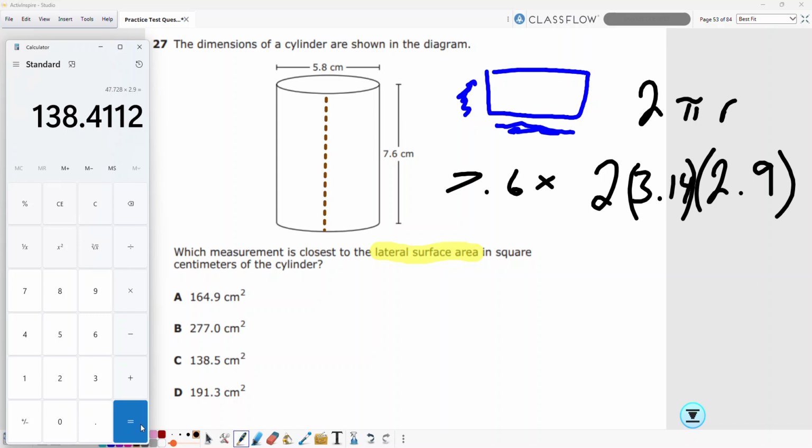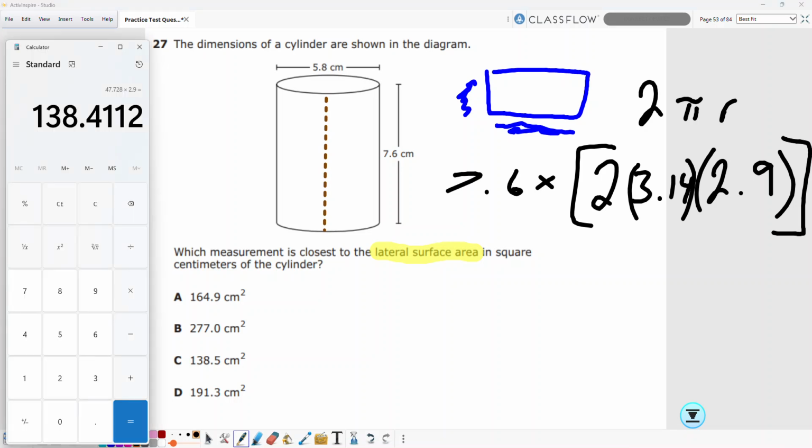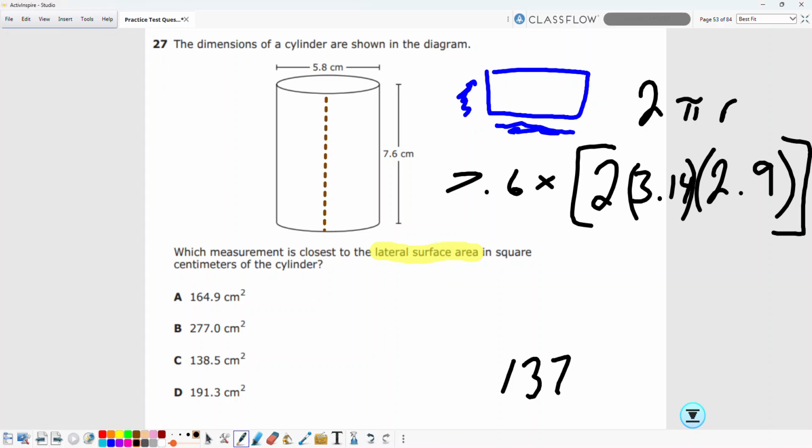But I tell you what, let's do this another way. So let's see with the calculator. Let's just write that down. 138.4. That's what the calculator said if we just multiplied straight across. Well, let's do this. So this is 6.28.